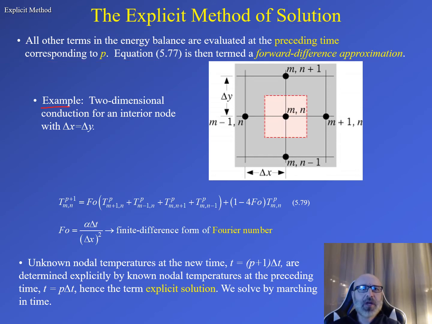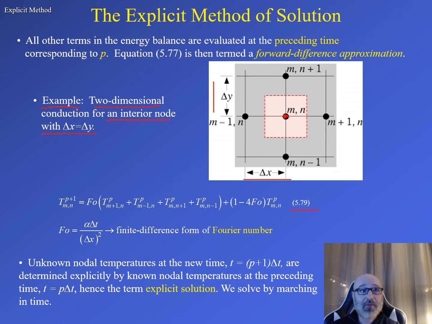For this example, what we have is two-dimensional conduction for an interior node with delta x equal to delta y. So a pretty simple case for a nodal network. We can see we have an interior node, our m,n, and our delta x is equal to our delta y. So for this, we can go to our governing equation, 5.79 in our textbook.